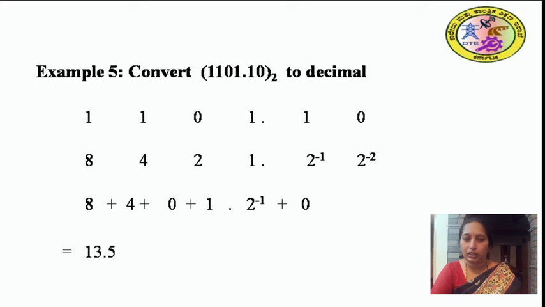I get that as the integer part, and in the fractional part only one digit is binary 1, so it is 1 into 2 to the power minus 1, which is 0.5. The final answer is 13.5.